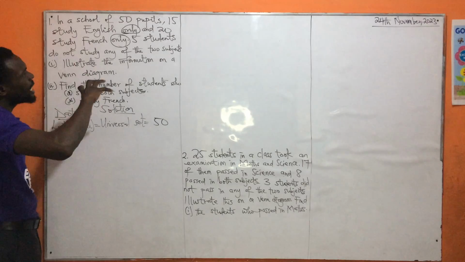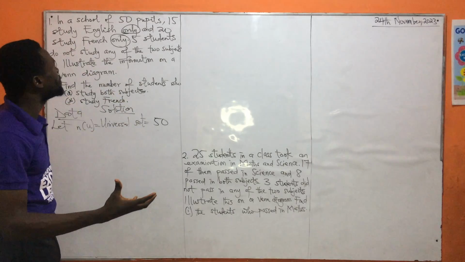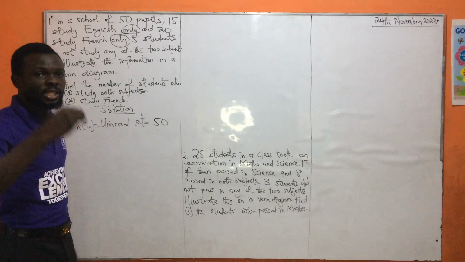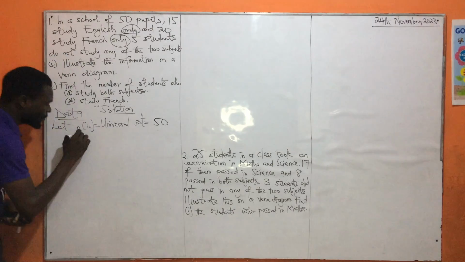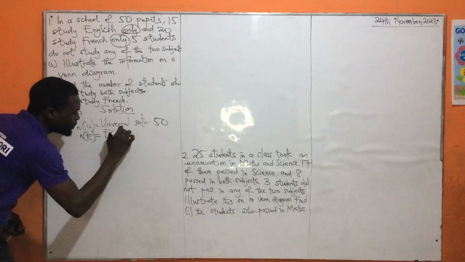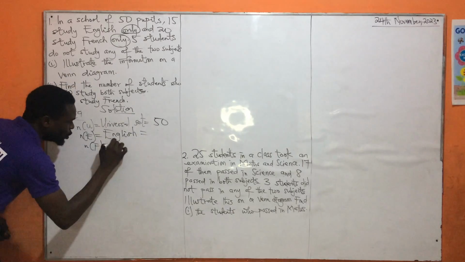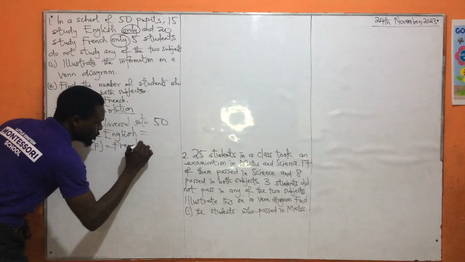Now the subjects they are talking about, or that the problem is given under, are English and French. So we pick the first letters and say the number E should be English and the number F should be French.